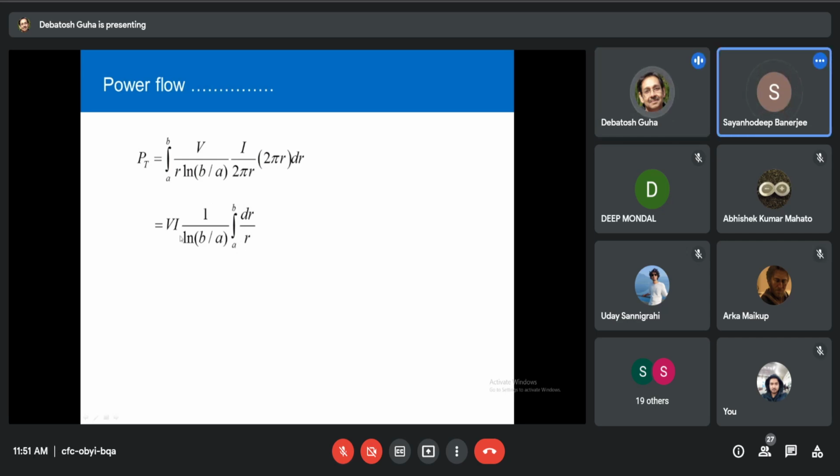Yes, sir. So this part will become 1 unit. So the power flow is actually V into I. We know it.